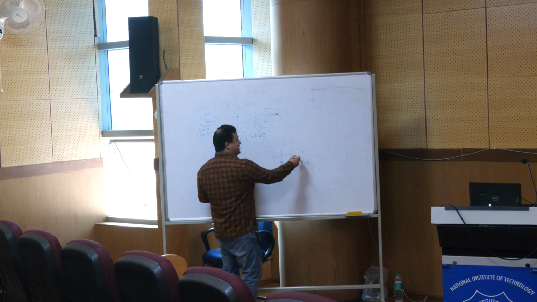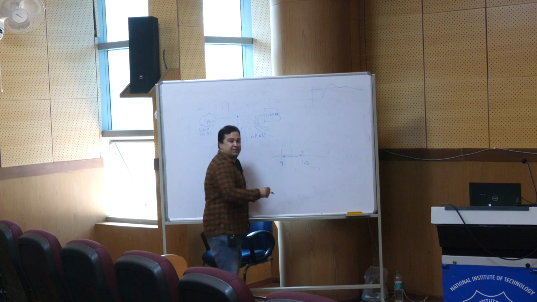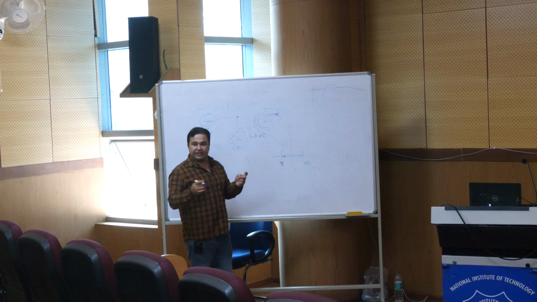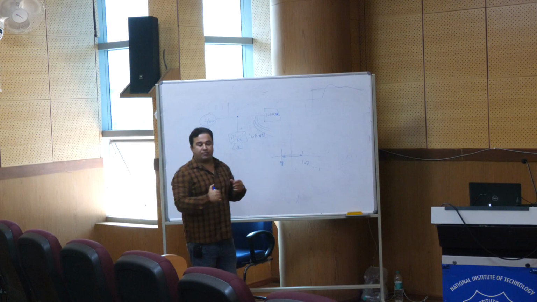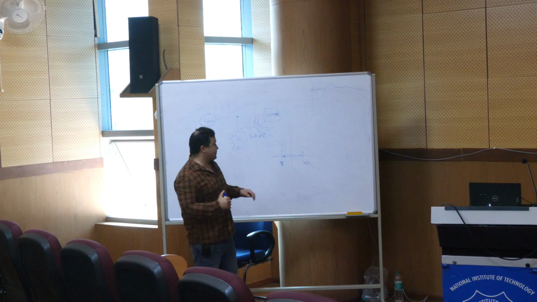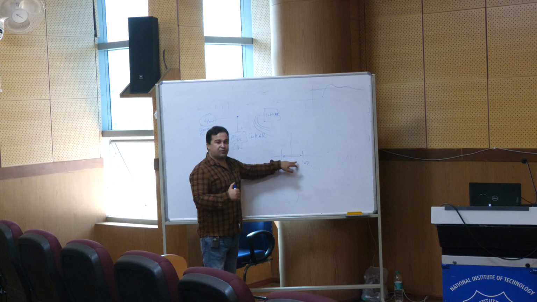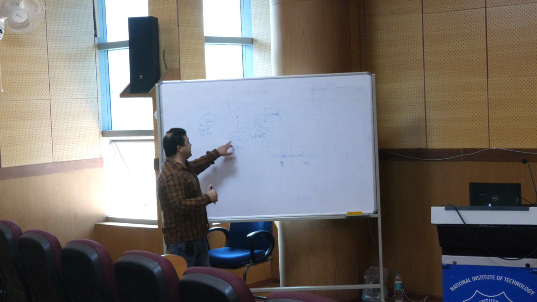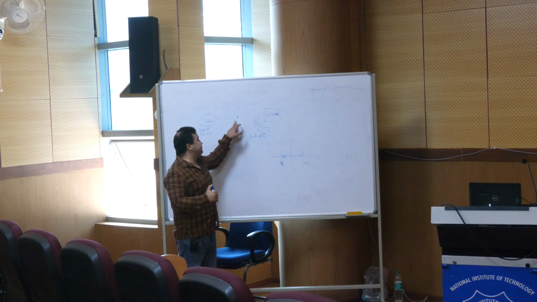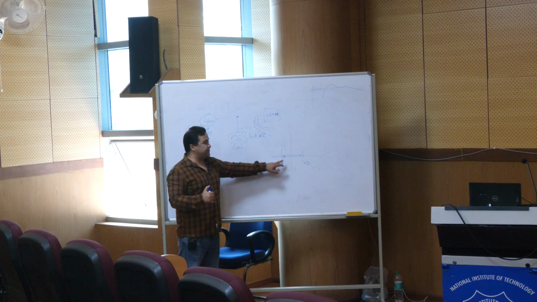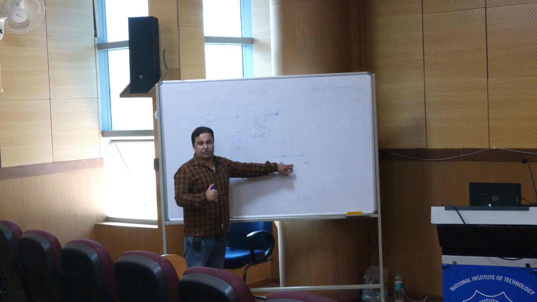So still that much fluctuation is okay. It depends on the grid code. Some countries say 2%, some 1%, some 0.5%, but it doesn't matter. This is an example. So in this operating mode, this 10 kilovolt ampere reactive is still enough to keep the voltage in this operating condition.